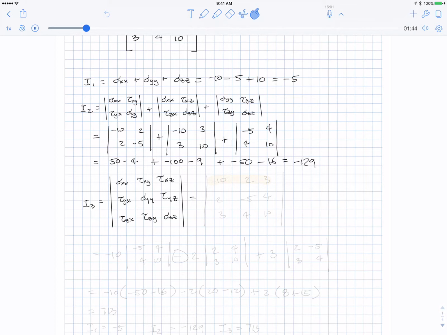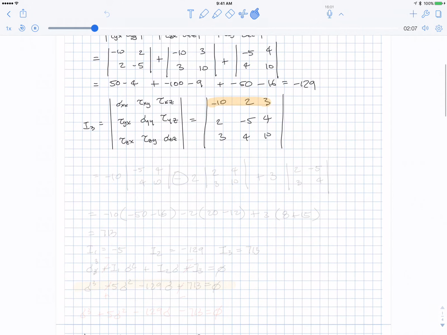So the third invariant is just the determinant of the entire stress tensor. If you remember how to get the determinant, you just pick a row, and then you do the submatrices.